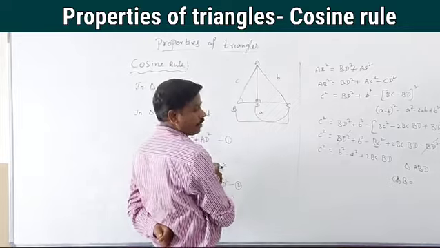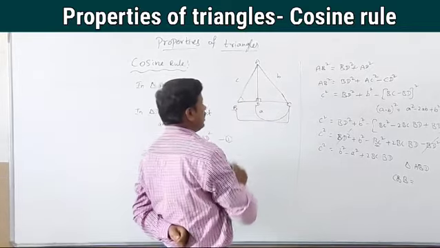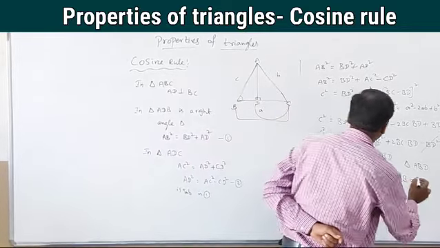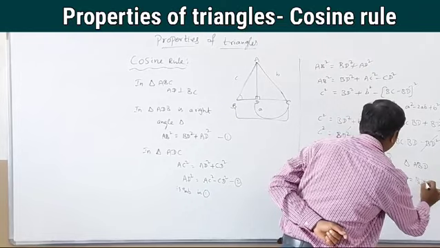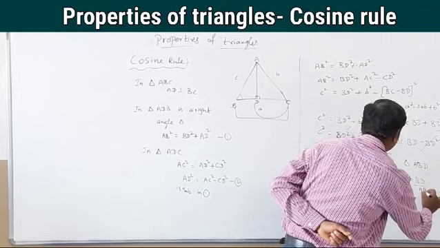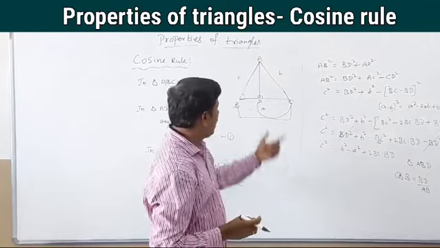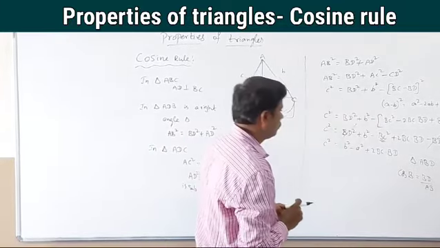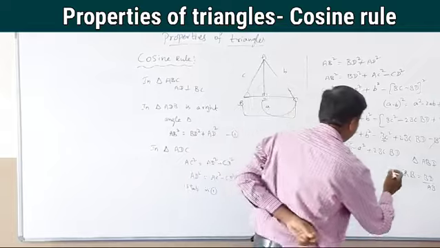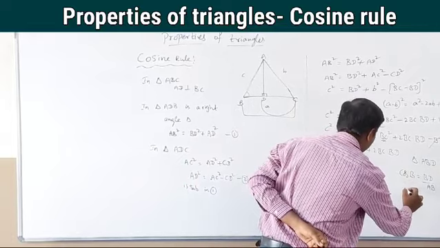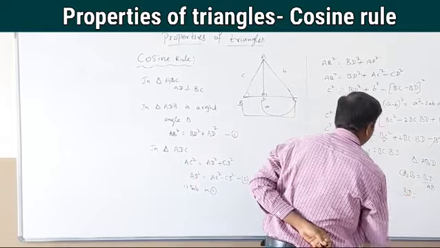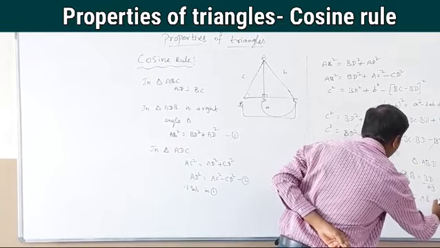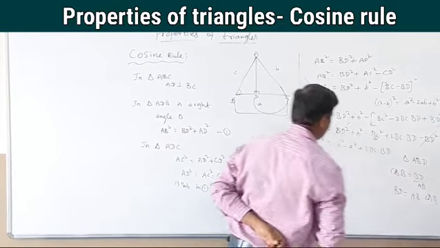Cos B means adjacent by hypotenuse, BD by AB. Adjacent by hypotenuse. You can write BD as AB into cos B.